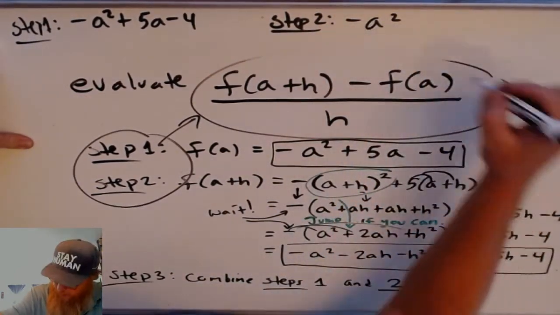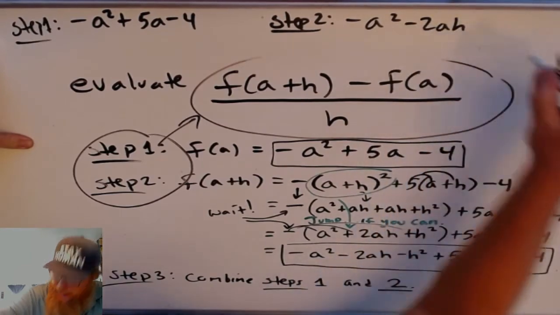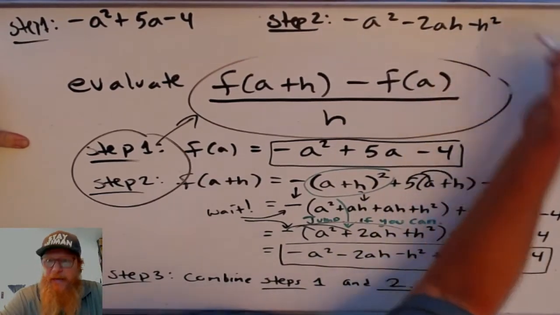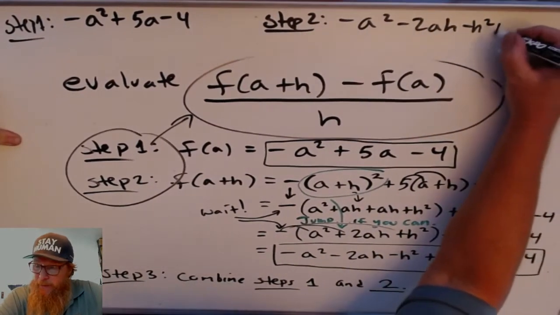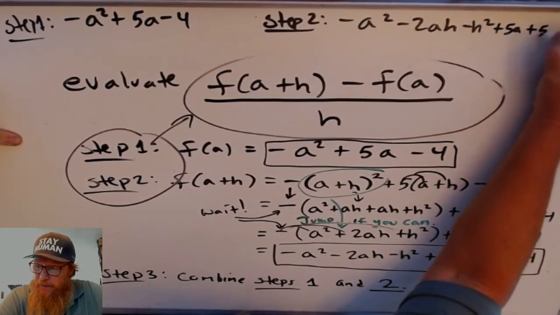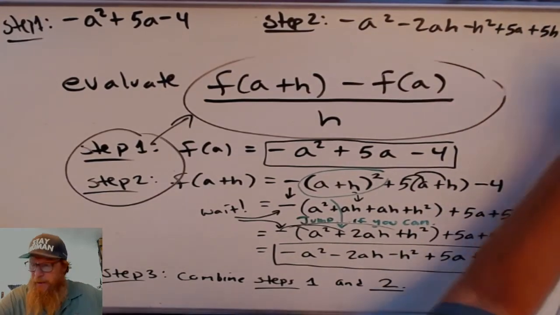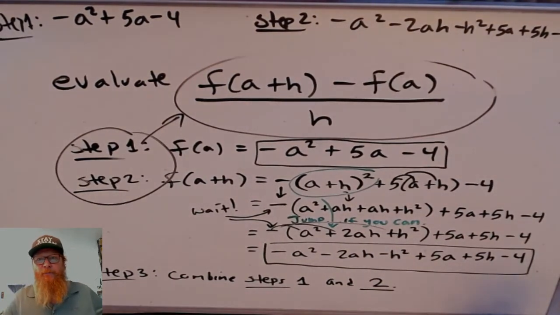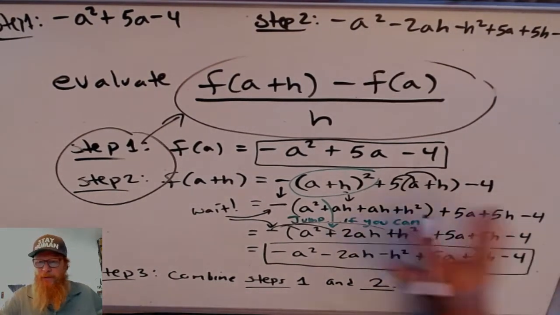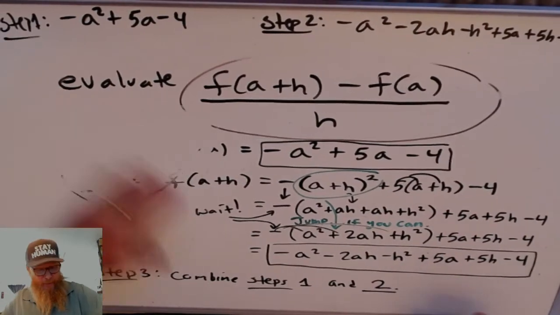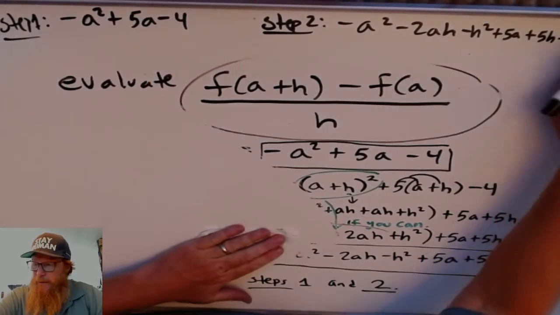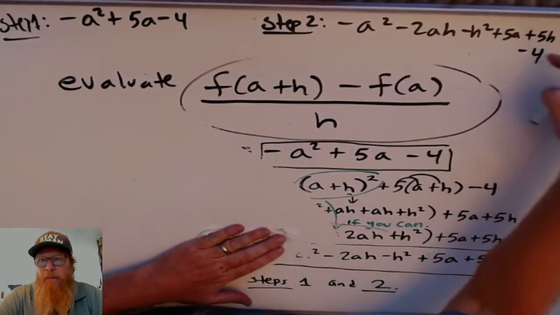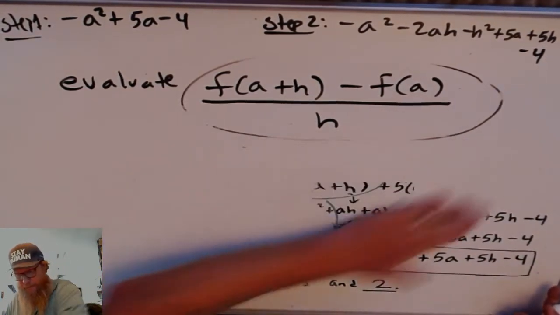Negative a squared minus 2ah minus h squared plus 5a plus 5h minus 4. You probably can't see that. There's a minus 4 right there that I couldn't quite fit.